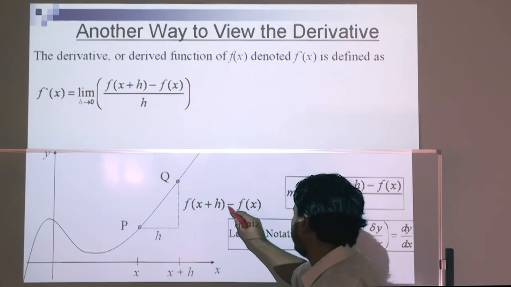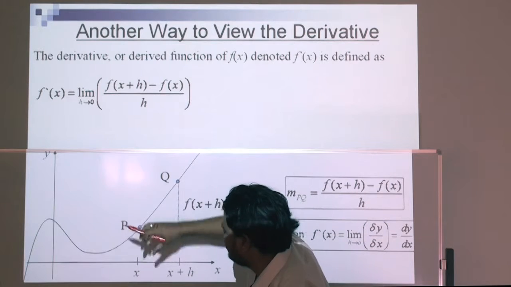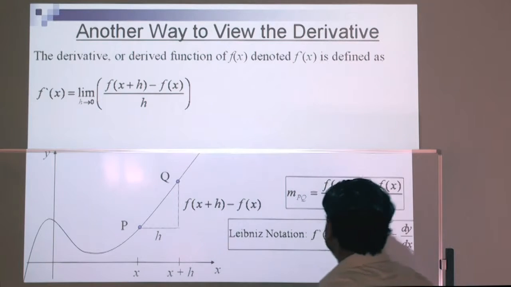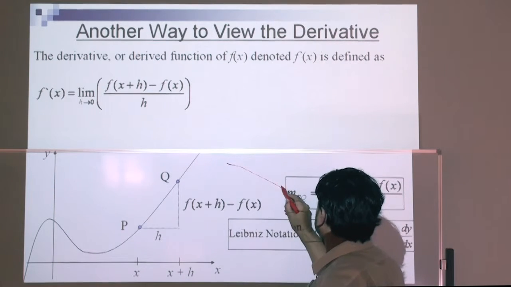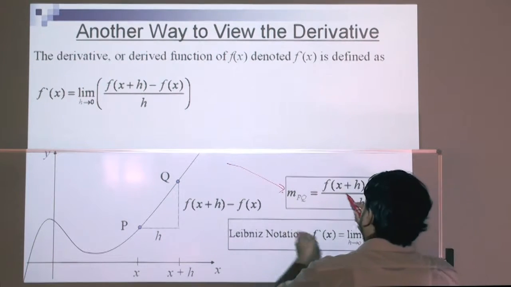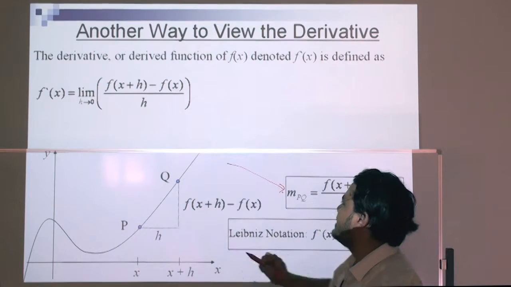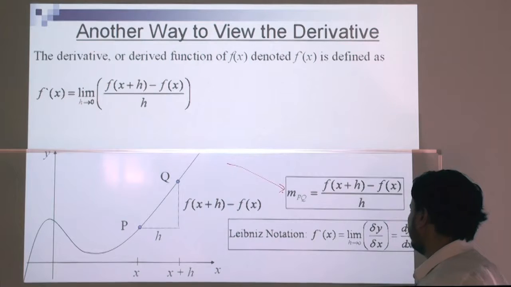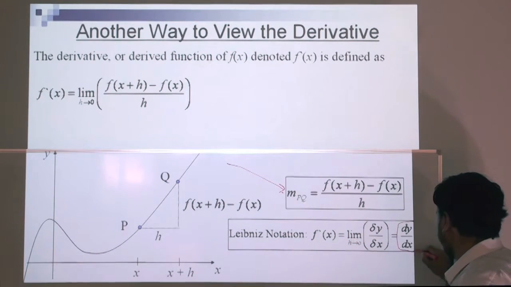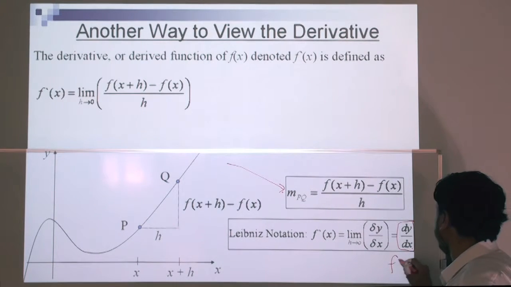So f(x plus h) minus f(x) gives you the distance from here to here. This also comes to the gradient: the gradient of P to Q is equal to f(x plus h) minus f(x), over h. So the gradient is the same as finding the derivative. In Leibniz notation, you can write it as the derivative of y with respect to x.